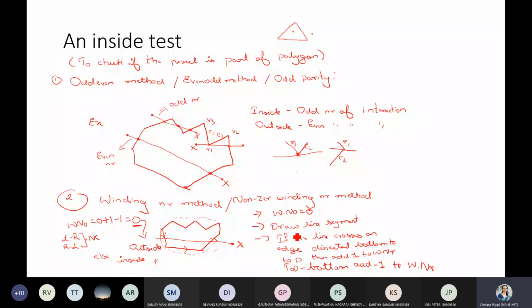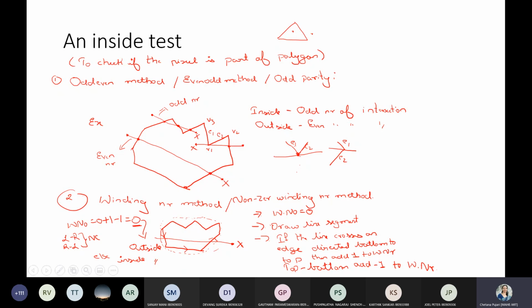If there are left to right or right to left edges, you can just ignore them. If the edges are going top to bottom or bottom to up, then if it is bottom to up you add 1, and if it is top to bottom, you subtract 1. Whatever final value you get, if it is equal to 0, the point is outside your polygon, and if it is any value other than 0, the point lies inside the polygon.